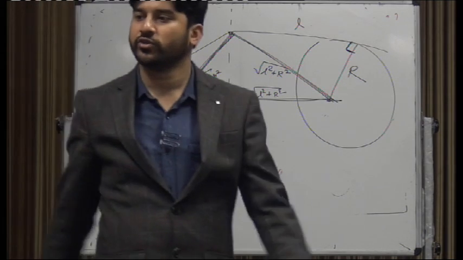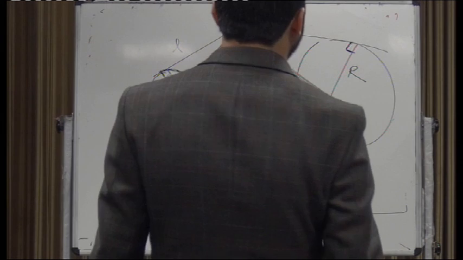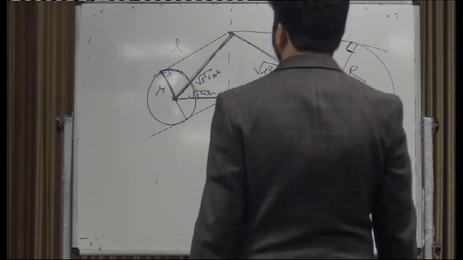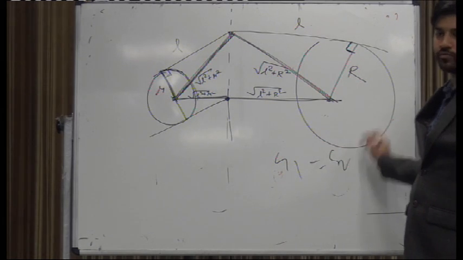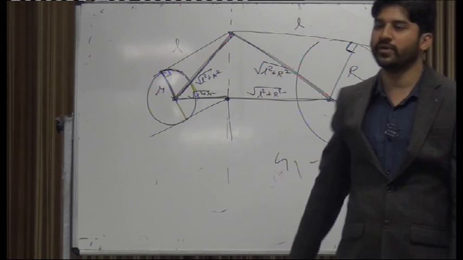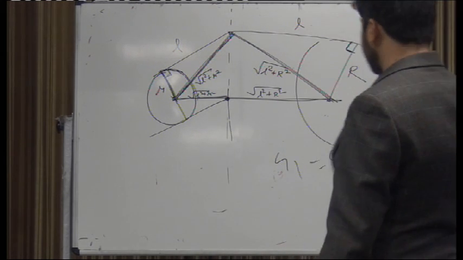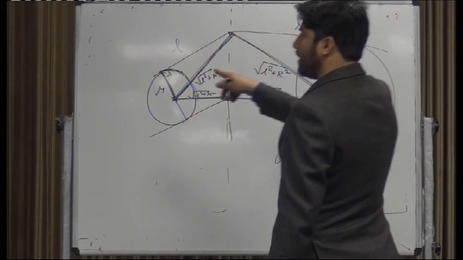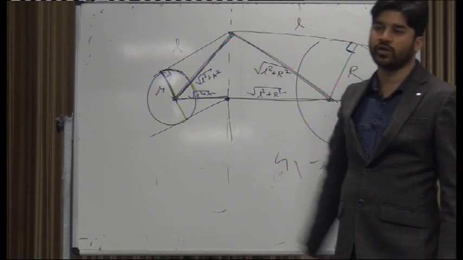ठीक है. सो रेडिकल एक्सिस में कहानी होगी कि रेडिकल एक्सिस बेसिकली is a locus such that powers are equal, which means equation of any radical axis would be S1 is equal to S2, right? Which will eventually be a line. Now when circle is not intersecting, then the radical axis would be closer to the smaller radius circle.